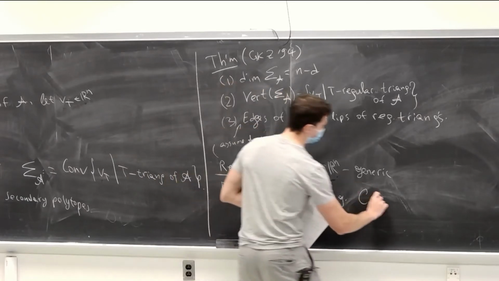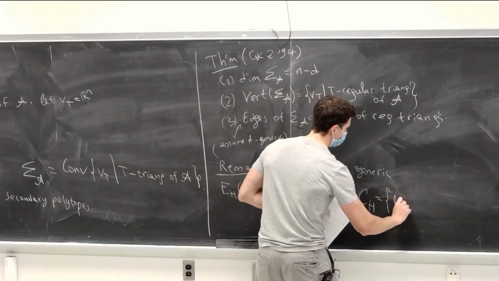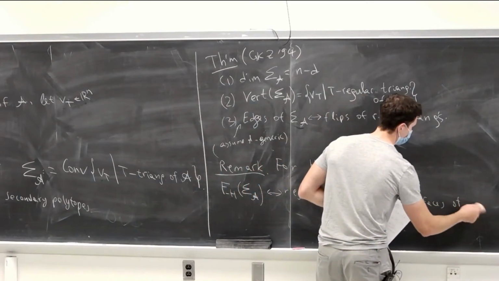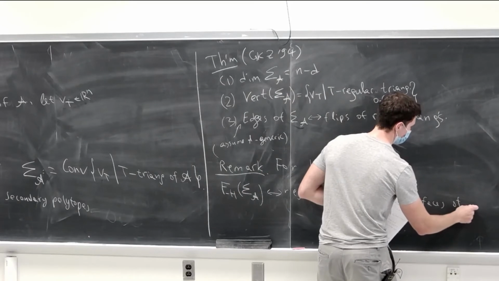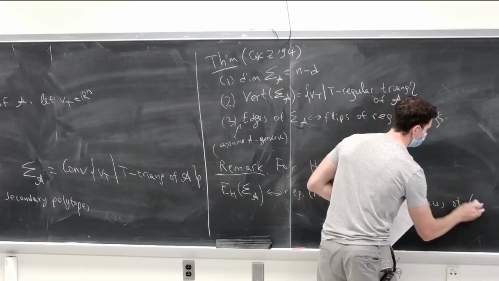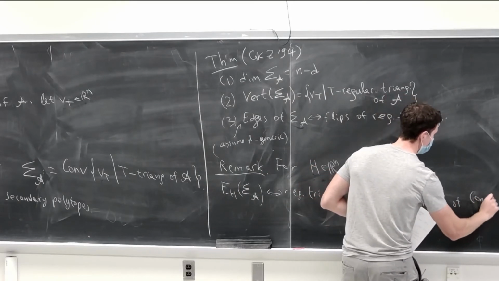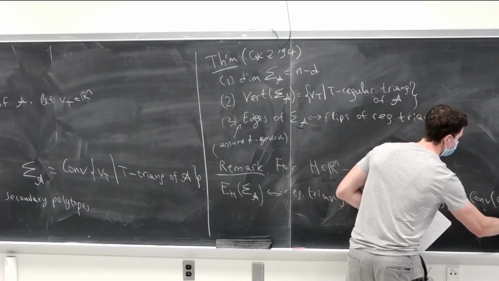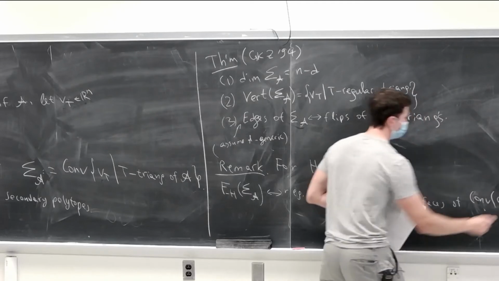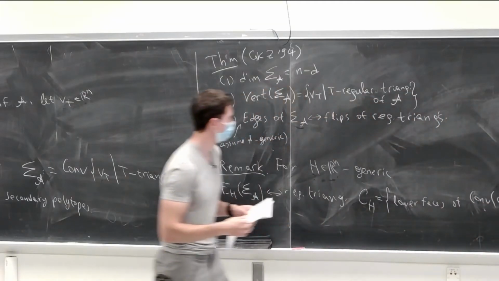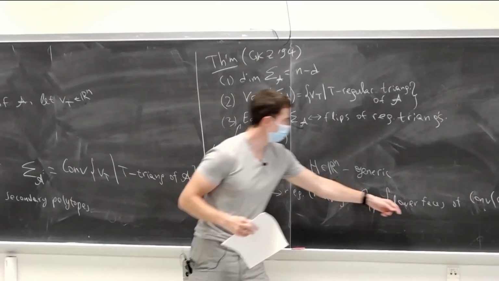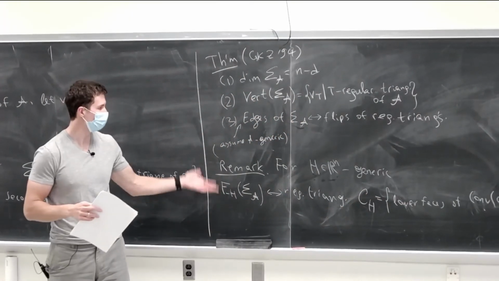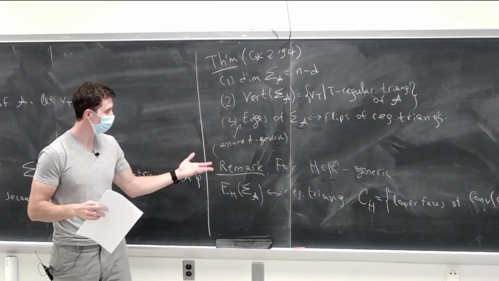You take the lower faces of the convex hull of lifting each point a_i to h of a_i. Because it's lower faces, you have to insert a minus sign, I think. But that's the nice correspondence.